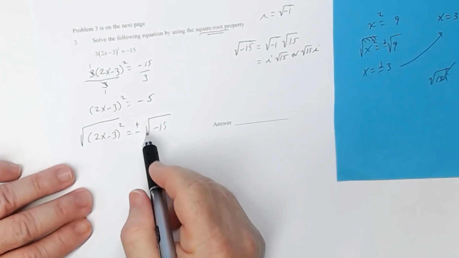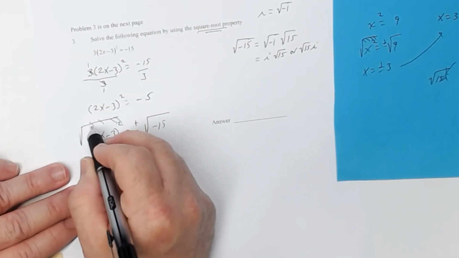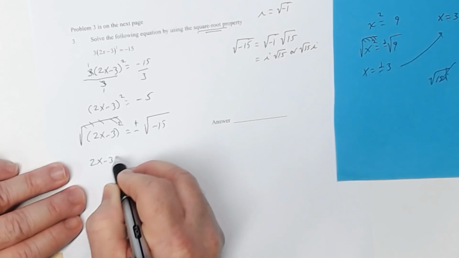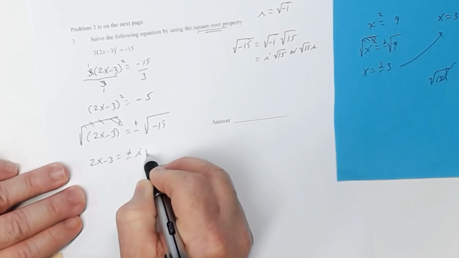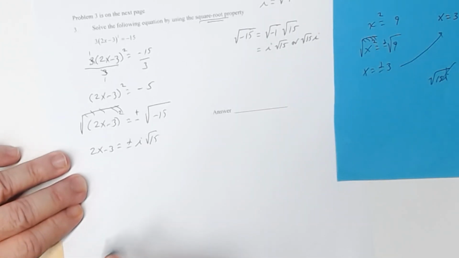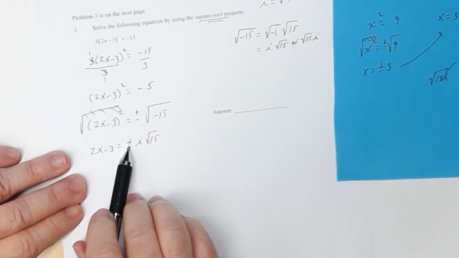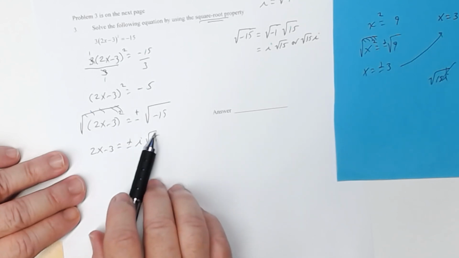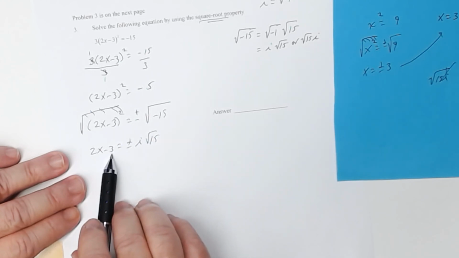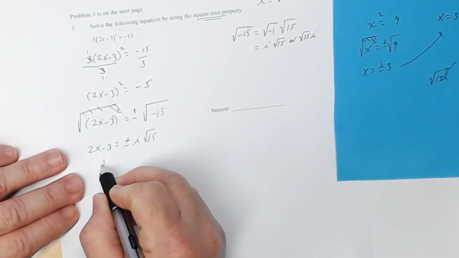All right, so now I'm going to replace this. Remember, the square and the square root undo each other. So you get 2x minus 3 equals plus or minus i square root of 15. So notice, plus or minus, you have to show that all the way down. And so now, since I have this imaginary number here, all I need to do is add 3 to both sides.